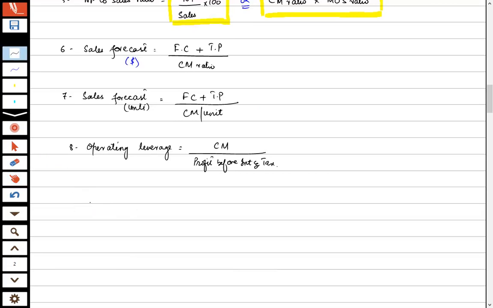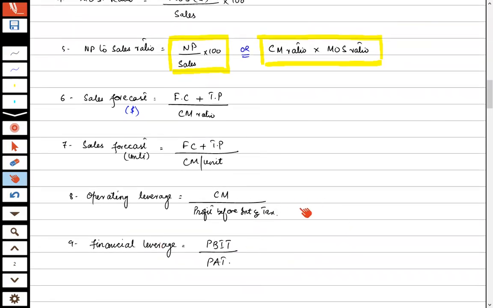And the next one would be financial leverage. It is profit before interest and tax divided by profit after tax. If profit before interest and tax is given and profit after tax is given, then this would be calculated, otherwise it would not be possible.